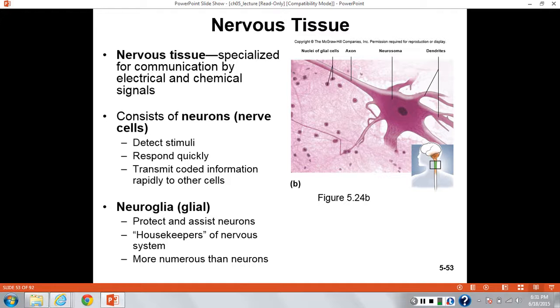The cell body is going to determine if it's strong enough to react. If it's a strong enough stimulus, then you're going to react. The impulse travels down the axon to go to another nerve cell or another muscle cell.